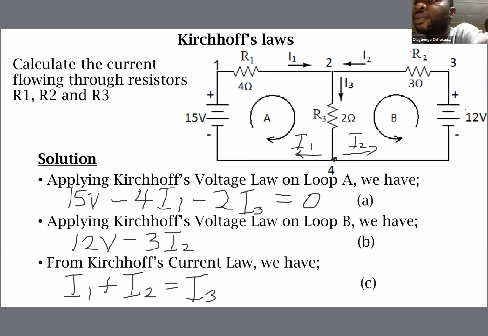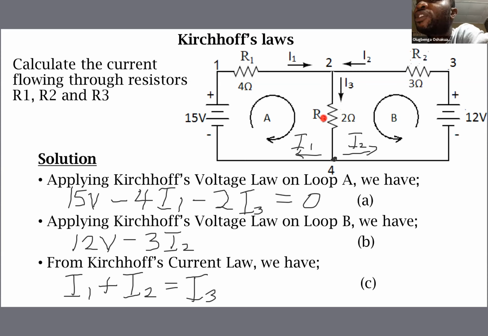Moving forward, we have left R2. Now we are in R3. The direction with which we are navigating the loop agrees with the current flow of I3, meaning that I3, which flows through R3, will cause a voltage drop of I3 R3.